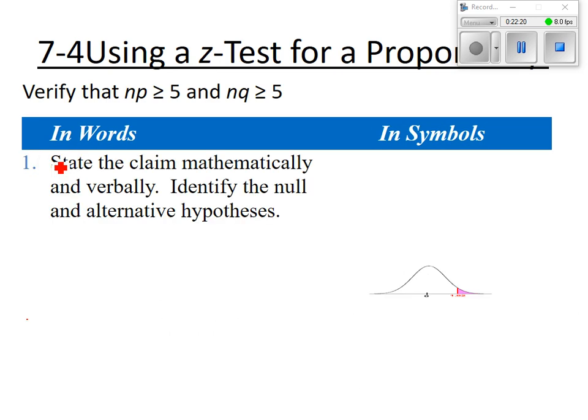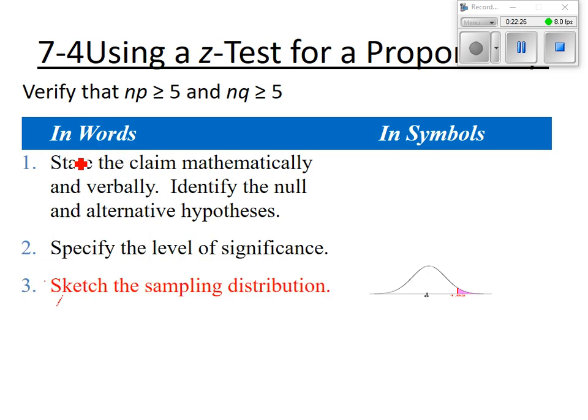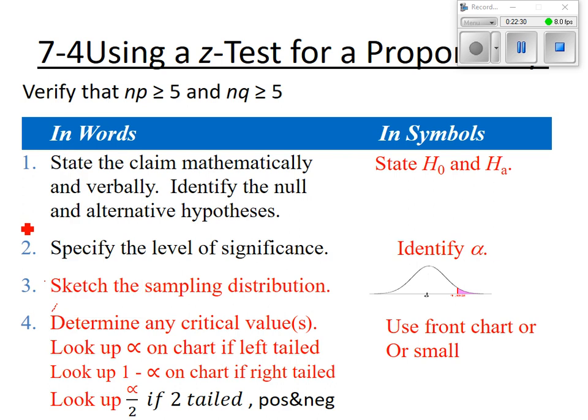Next one, section 7.4. Quit working. Number 1, same thing. Number 2, same thing. Number 3, use, again, the small chart on the front. 3 and 4 sort of go together. You just draw on the picture.